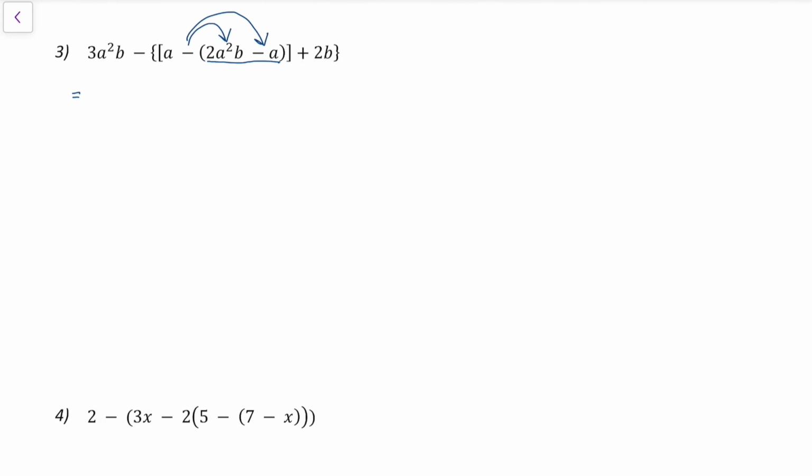So I get 3a squared b minus, and a curly bracket, a square bracket a, plus 2b. Okay, so now I'm going to expand what's inside of that bracket. So I have a minus 2a squared b plus a.